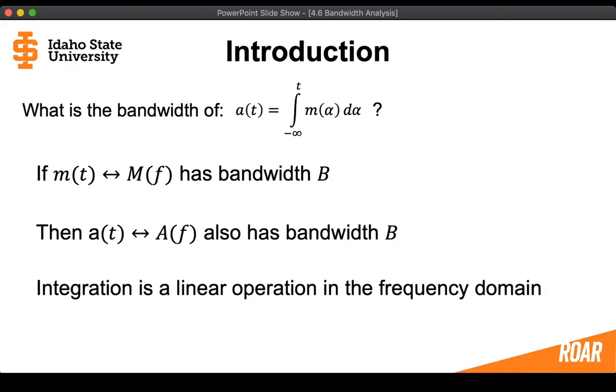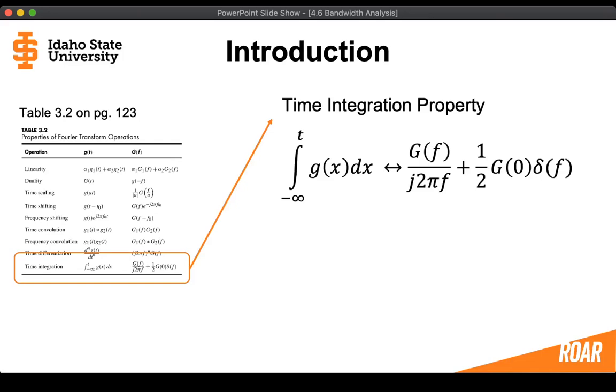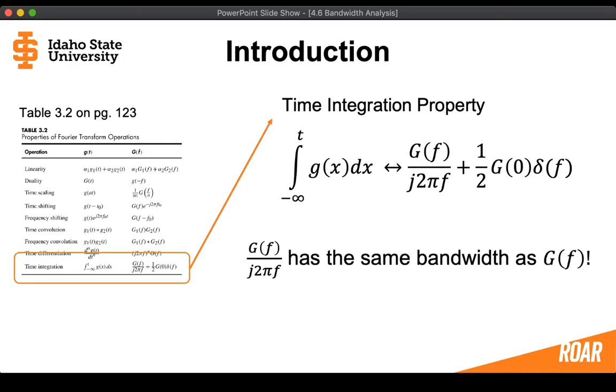So why would we be able to say that? Well, integration is a linear operation in the frequency domain. Remember this table, 3.2 on page 123, has some properties of Fourier transforms. Look at the bottom one, time integration. If we perform integration in the time domain, that gives us a frequency domain property, G of f, divided by j2πf.